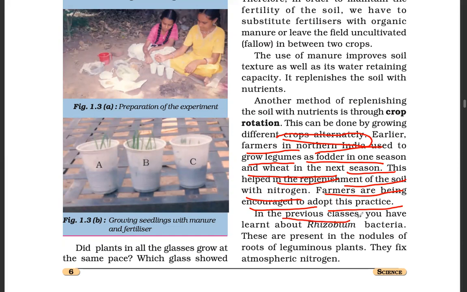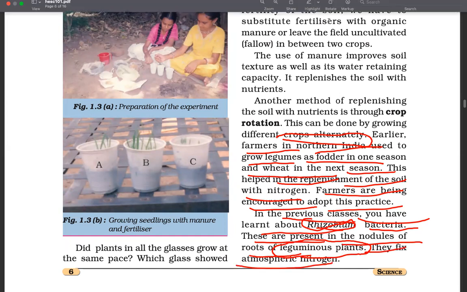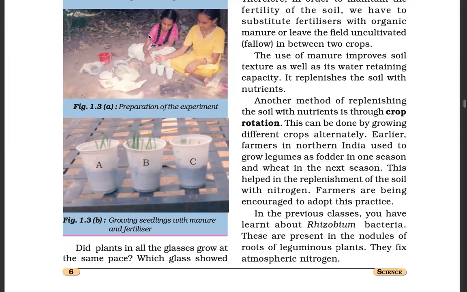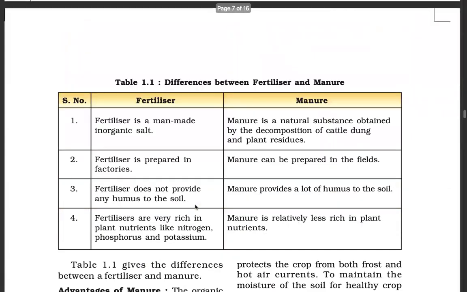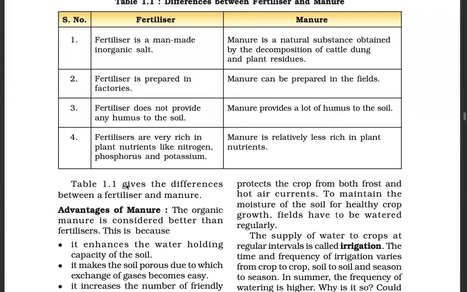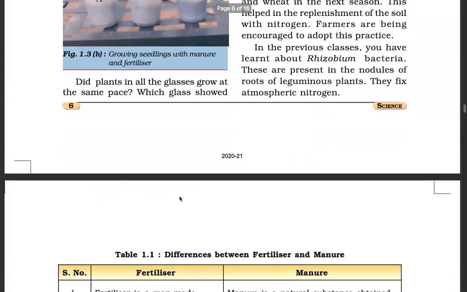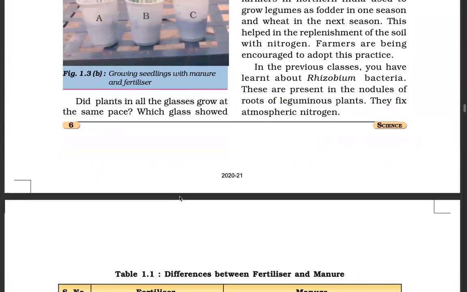In previous classes, you have learned about rhizobium bacteria, as I just told you now. Rhizobium bacteria are present in the nodules of roots of leguminous plants. They fix atmospheric nitrogen. Basically, here is a misprint.